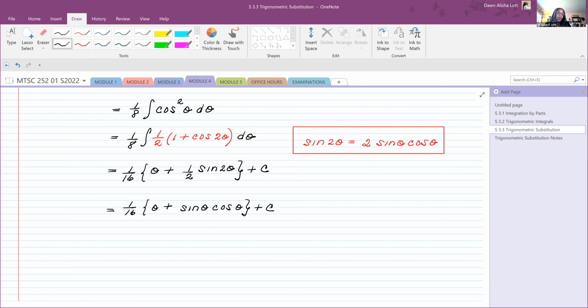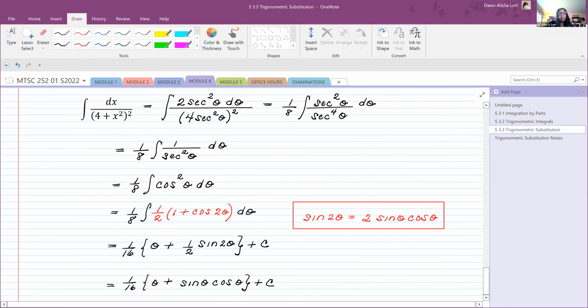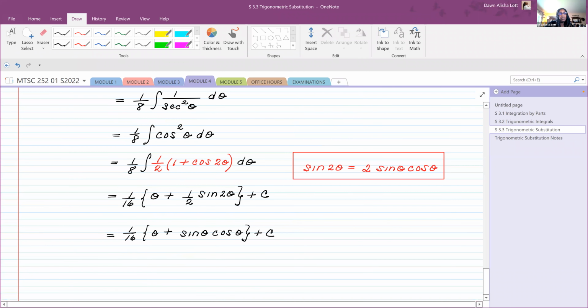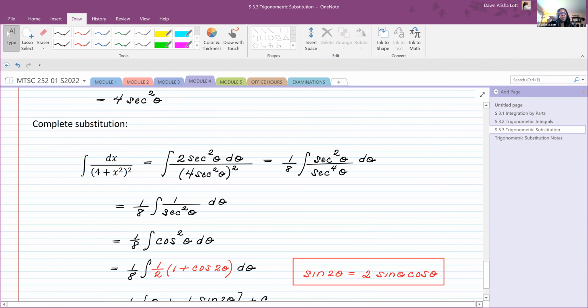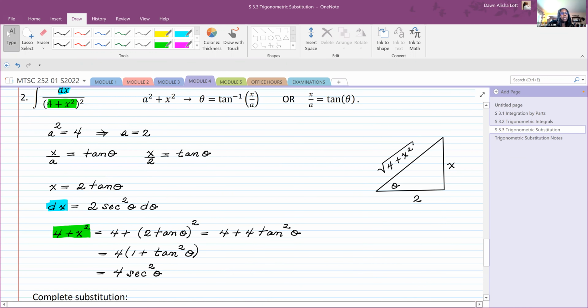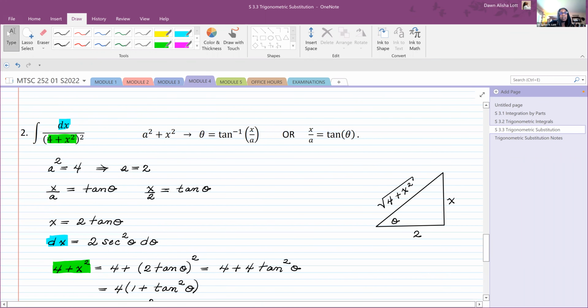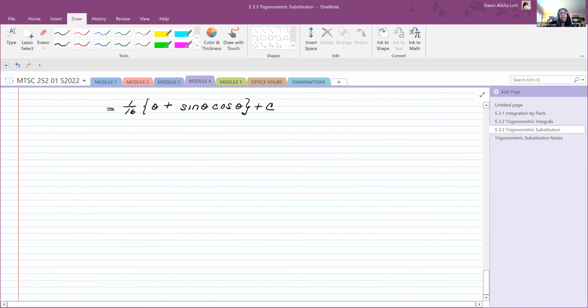But now I have to go back to theta, and this is why I drew my triangle, because I need to know what theta is. Theta is the tan inverse of x over a.